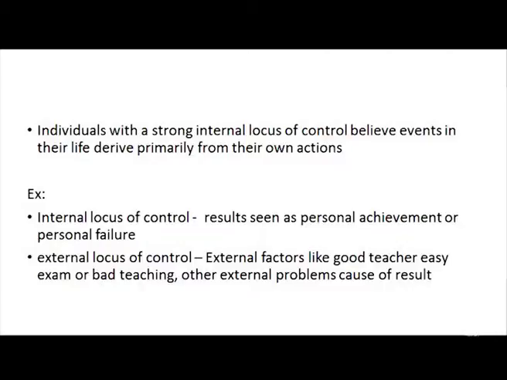But people with a strong external locus of control tend to praise or blame external factors such as teachers in the exam. It could be something like, if it is a positive result, oh, it was because fate had been with me, so I have done well. Or it could be something like, the examiners were awful, so I failed the exam.